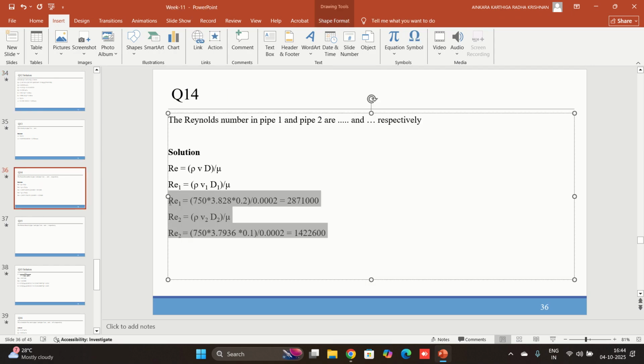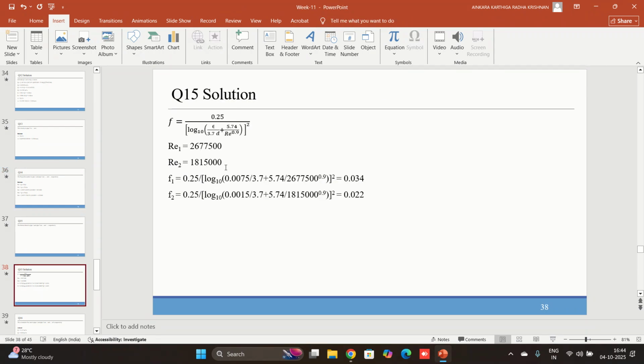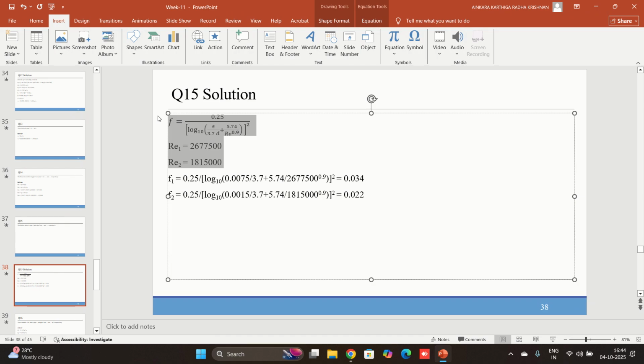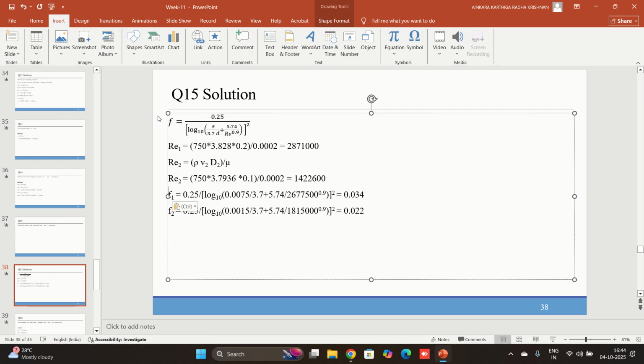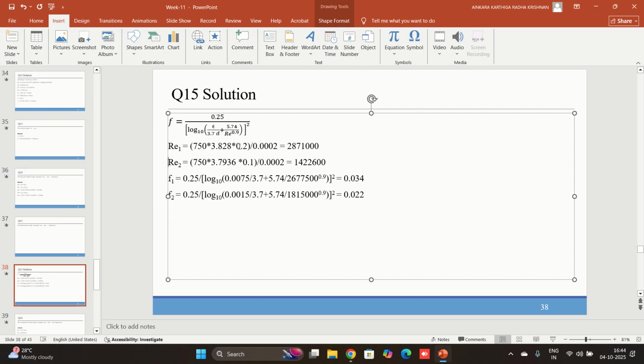So we can copy it together. So this is the original equation, and this is not needed. We just need the values, right? So we got a new value, so that's why I changed everything. Okay.